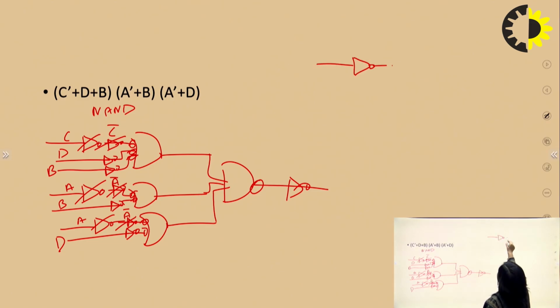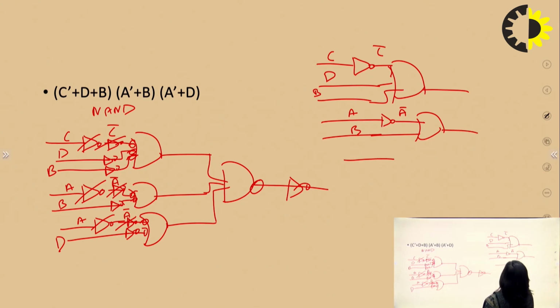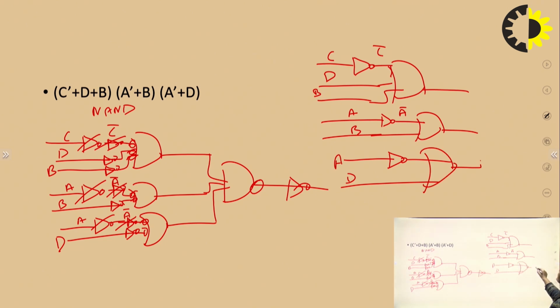First of all, we will see this is the C bar, after that D, after that B. So it will be OR gate. Like in this way.